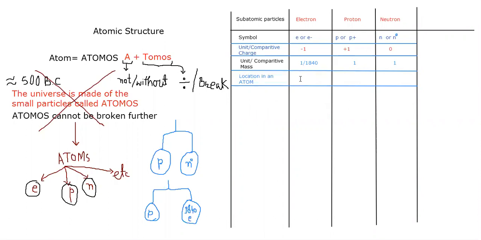So my dear students, when you talk about the location in an atom, it's very simple. Electrons are found around the nucleus. They are just moving around the nucleus, the atomic nucleus.